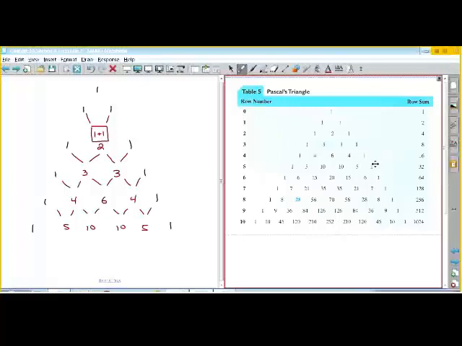One thing you'll notice is that if you add the numbers together, 1 plus nothing is 1, 1 plus 1 is 2, 1 plus 2 plus 1 is 4, and you add those numbers to get 8, 16, 32, 64, 128. So these are all powers of 2. 2 to the 0, 2 to the first power, 2 to the second power, 2 to the third power. So that's kind of cool. That's not the important part yet, though.